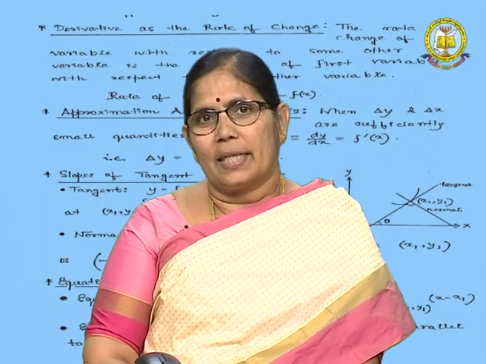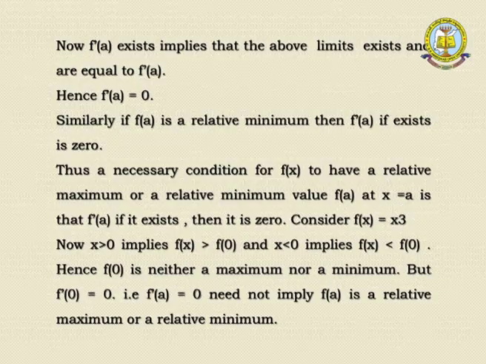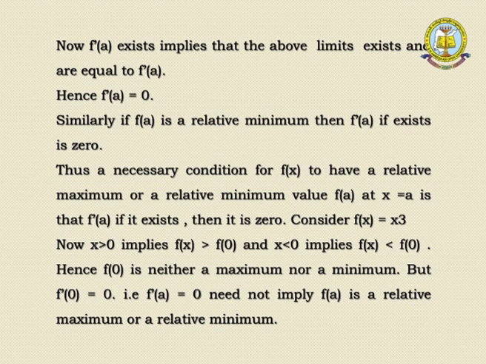What do you mean by that? The left limit exists, the right limit exists. So, f dash a exists, which implies that both the limits are equal and equal to 0. Similarly, we can prove that when f of a is a relative minimum, then f dash a, if at all it exists, is 0.